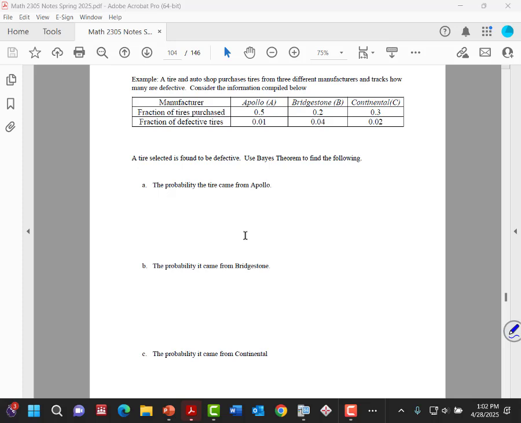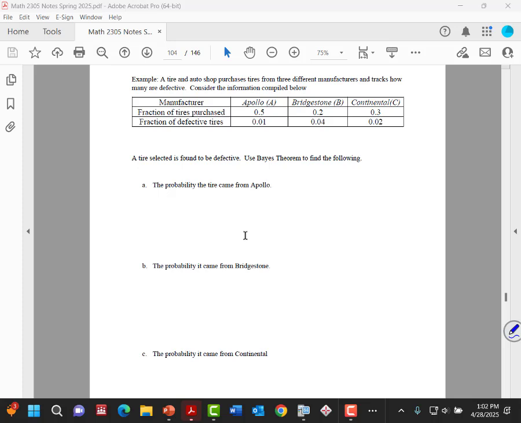Now, each manufacturer has its own different rate of defectives. So 0.01 of the tires that come from A are defective, or a 1% defective rate. 0.04 of the tires that come from B, or a 4% defective rate from manufacturer B. And 0.02, or 2%, of those that come from C are defective.